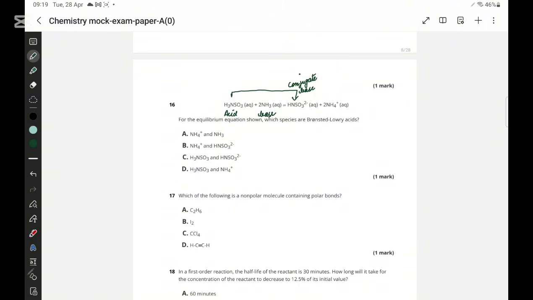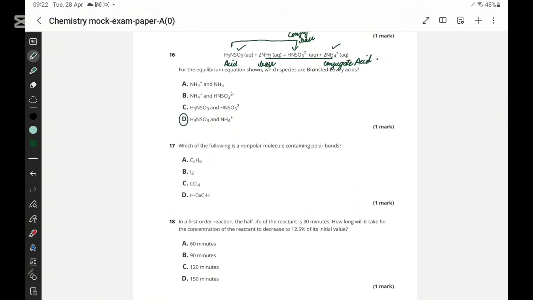And when this ammonia is gaining a proton, it is becoming a conjugate acid. So from the equilibrium equation shown, your answer is going to be D, because that is a pair which shows the Bronsted-Lowry acid, and this is also an acid.